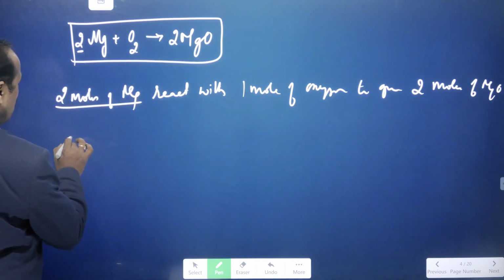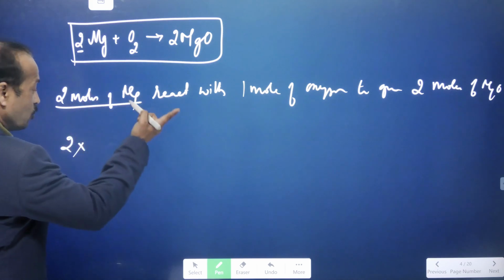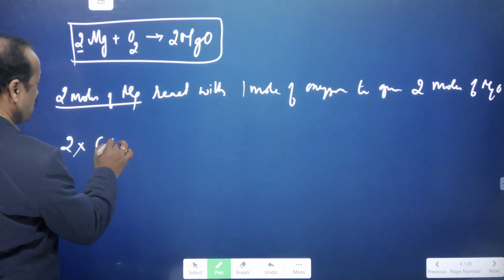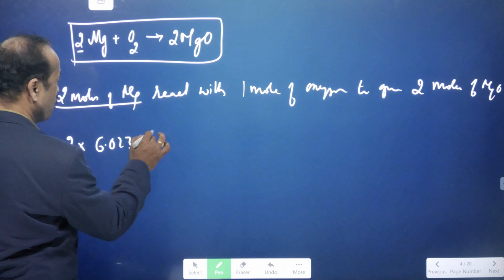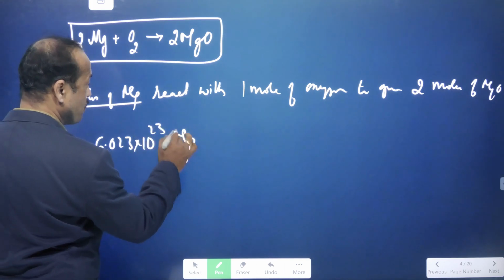So if you see 2 moles of magnesium, the meaning is 2 into 6.023 into 10 to the power of 23 magnesium atoms.